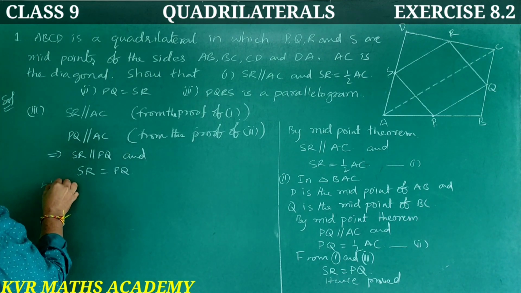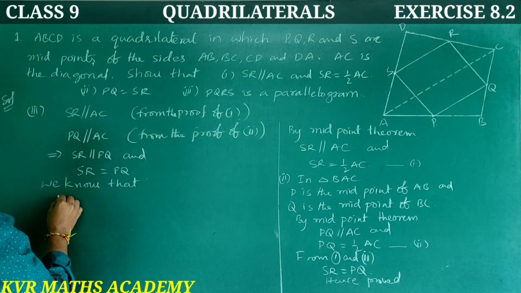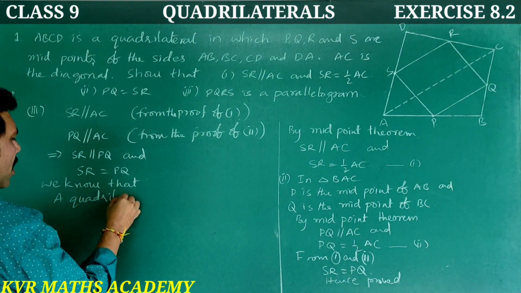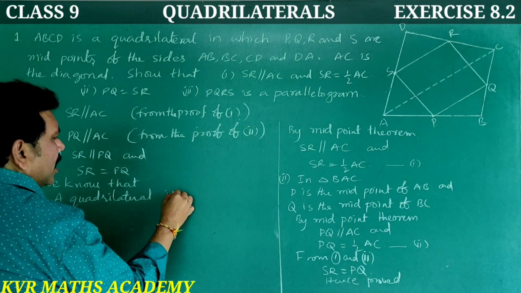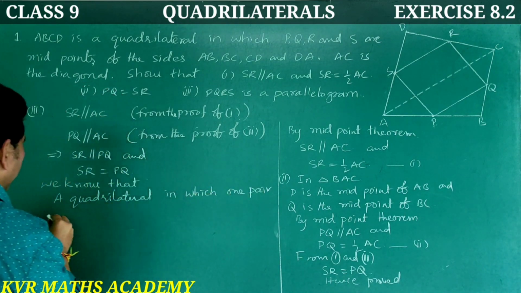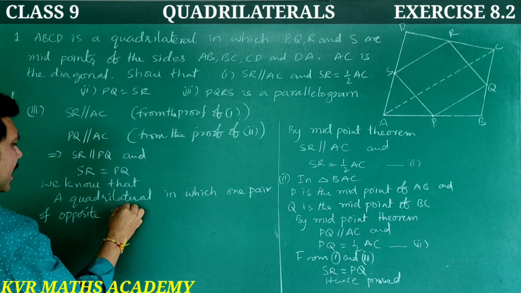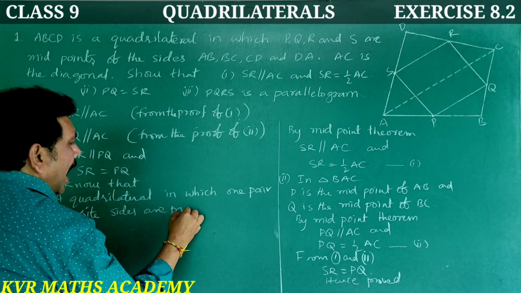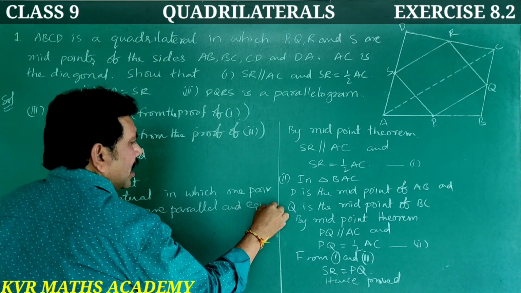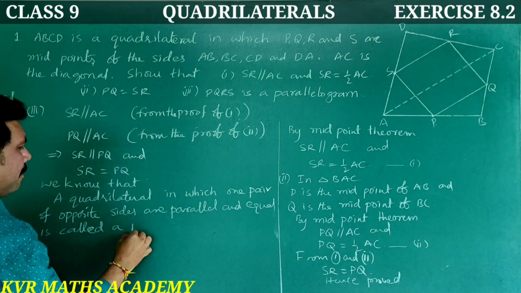We know that a quadrilateral in which one pair of opposite sides are parallel and equal is called a parallelogram.